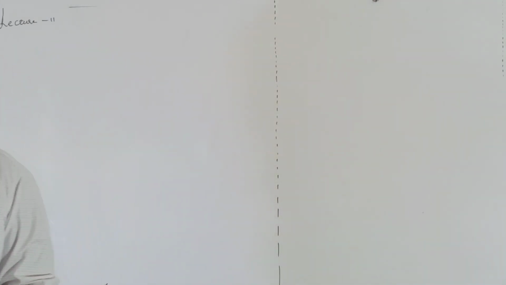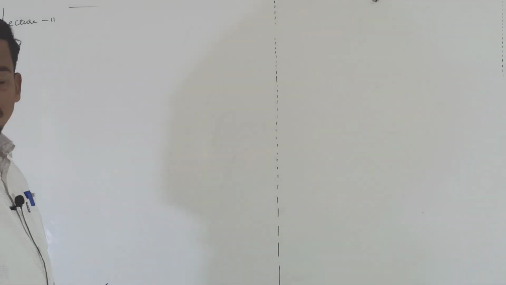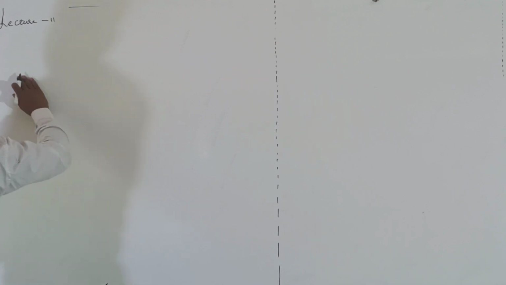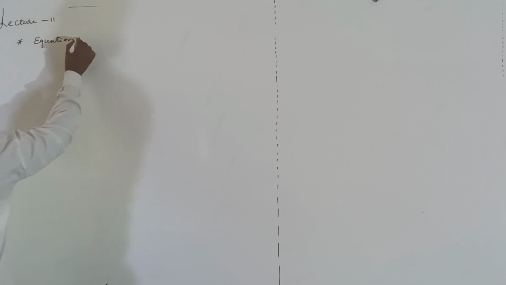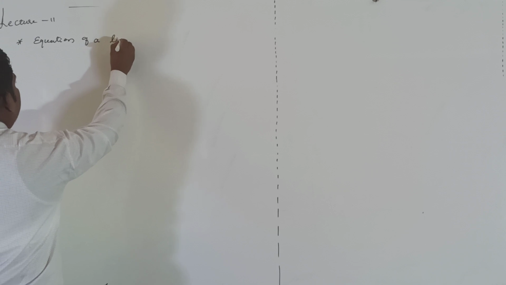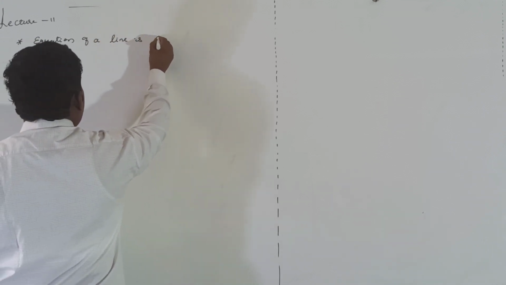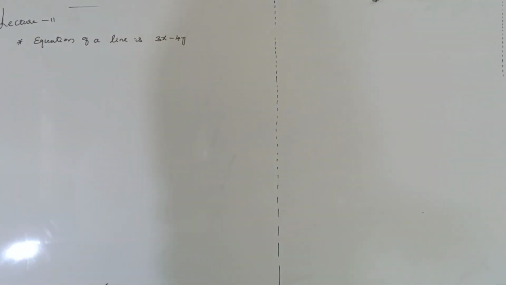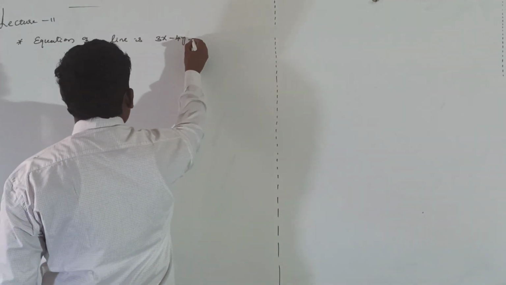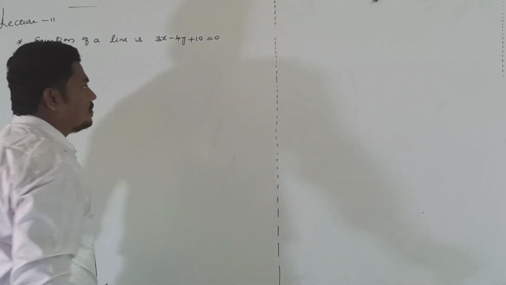Next, question problems. Equation of a line is 3x minus 4y plus 10 is equal to 0.